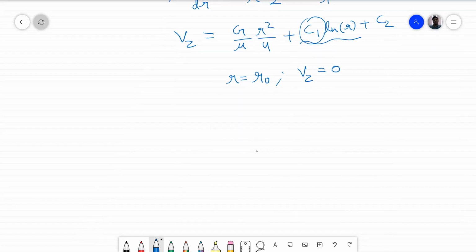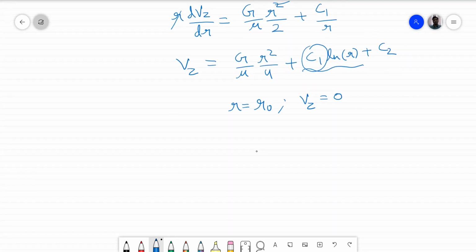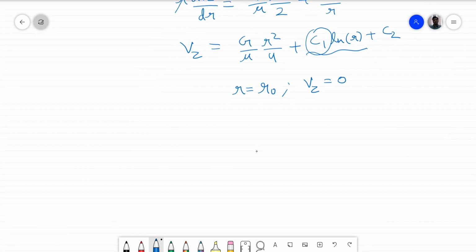So we don't really need that boundary condition. We can just discard this C1 because of this condition of physicality, that the velocity field has to be physical. It cannot go to minus infinity or infinity. It cannot reach an infinite magnitude at the center line at r equal to 0.